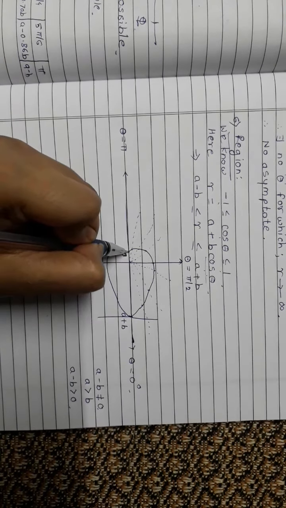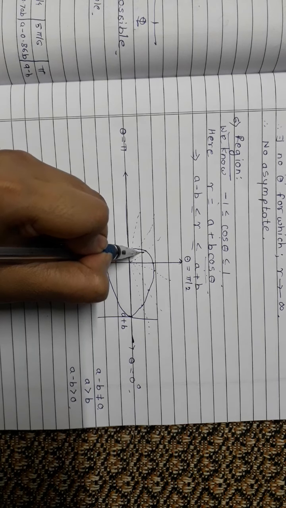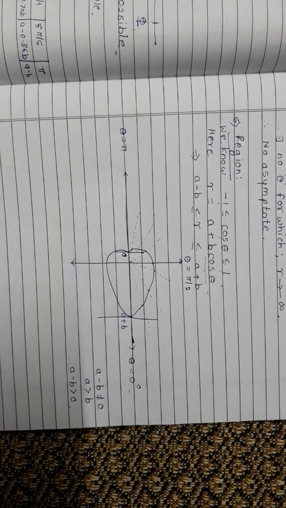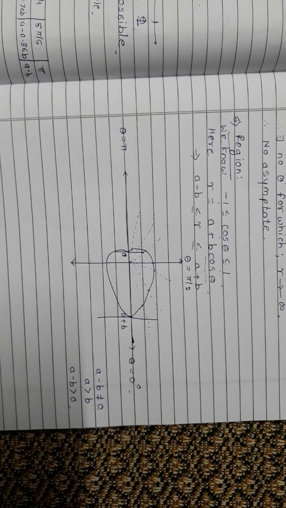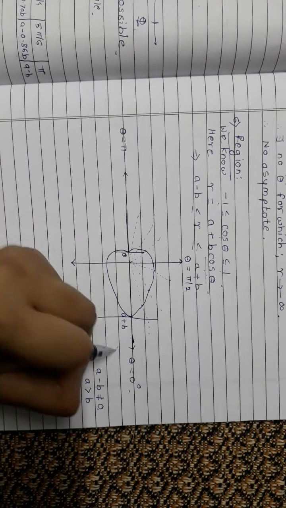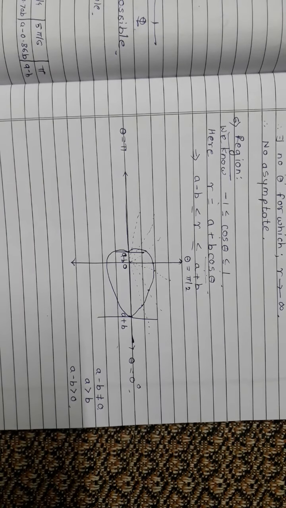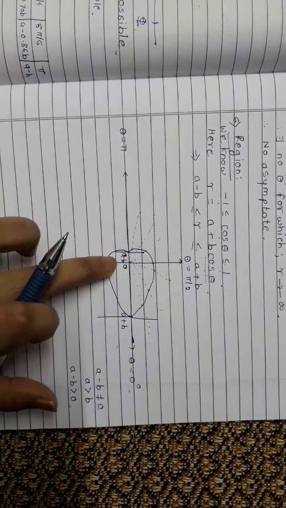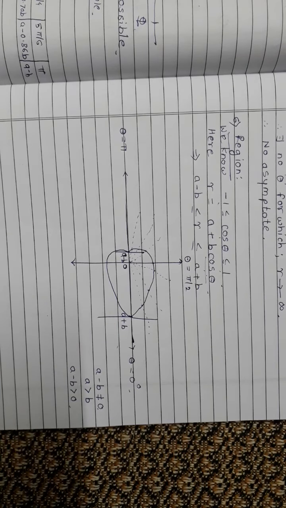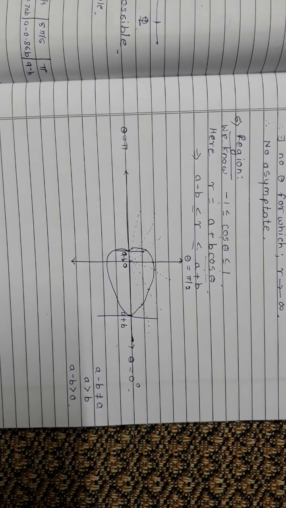Then again at theta equal to pi, this is the point, it is again coming perpendicular. The region is lying from a minus b to this one, right? This is the 0 point and this is your a minus b, right? So the region is in between a minus b to a plus b, so it is like this. So this curve is called Pascal's limacon.